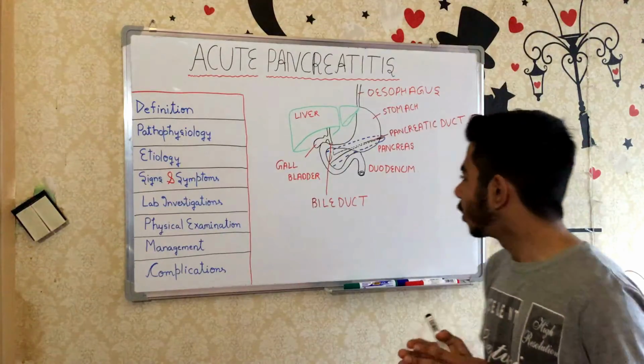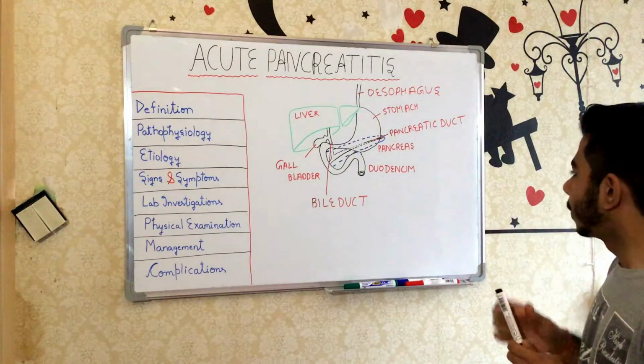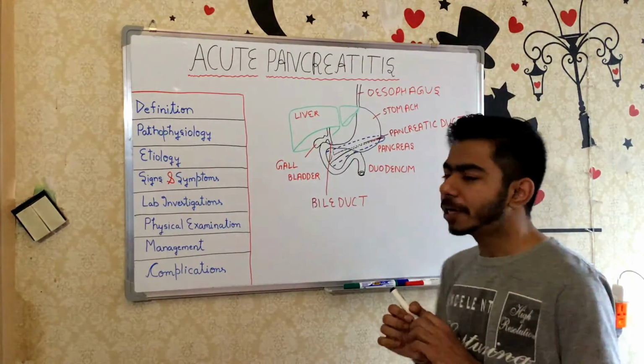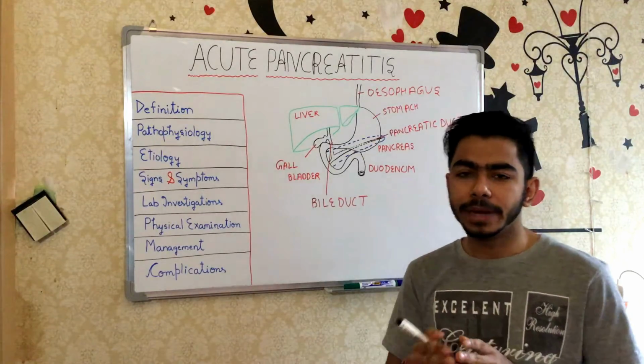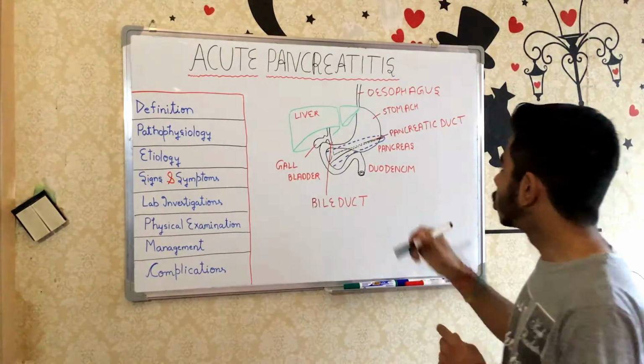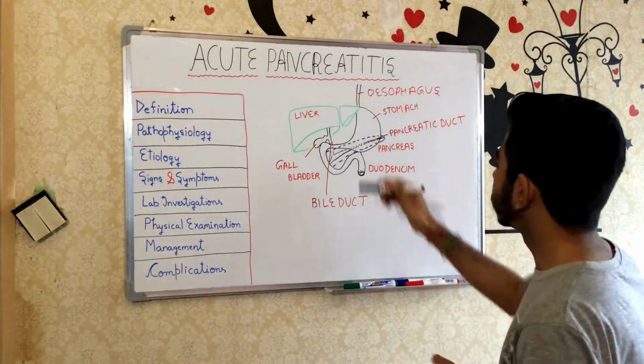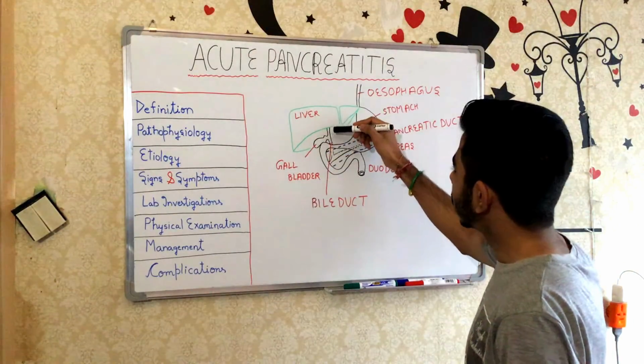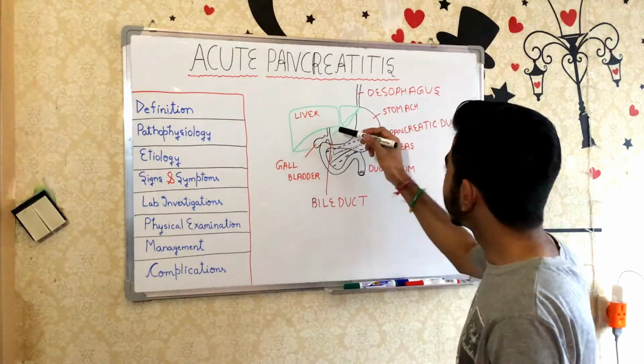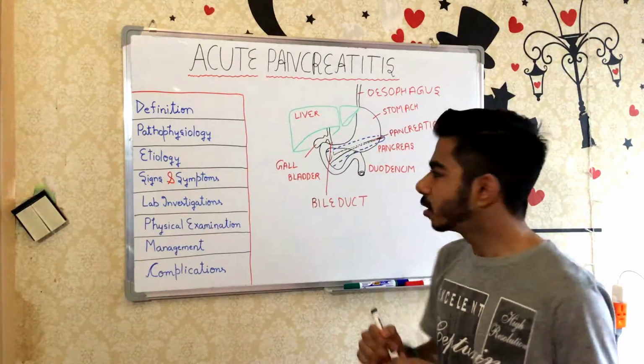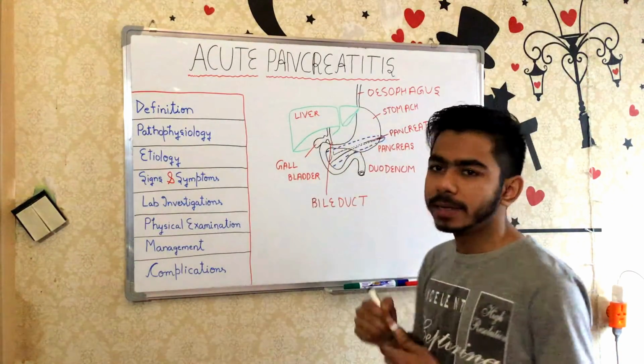Now, if we talk about the anatomy of the pancreas, the pancreas is situated in the retroperitoneal position, that means behind the peritoneum. As I have drawn over here, this is the liver and this is the hepatic duct, actually the left and right hepatic ducts coming from the liver, which make the common hepatic duct.